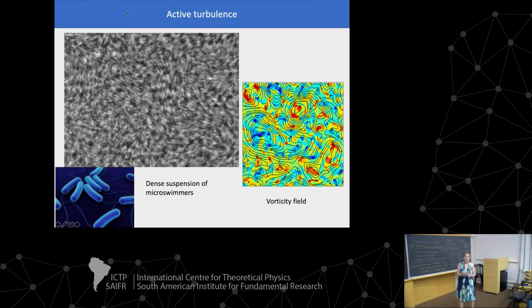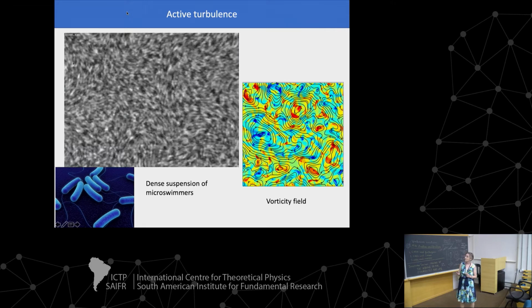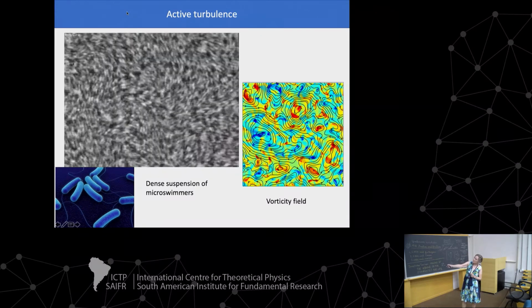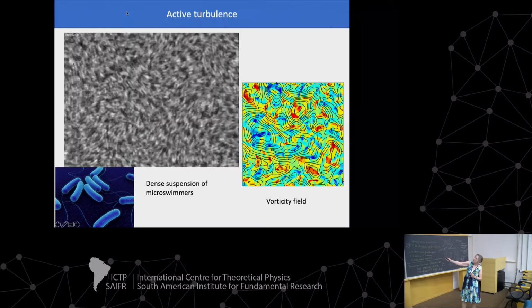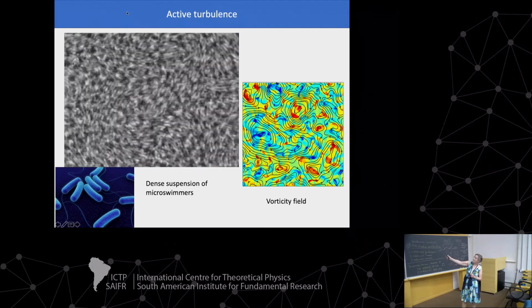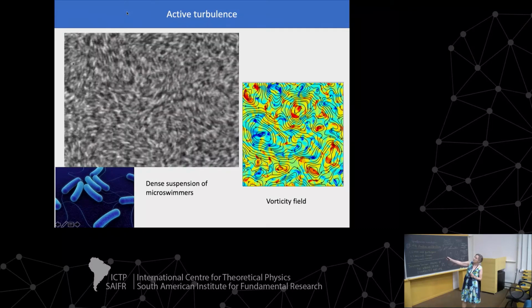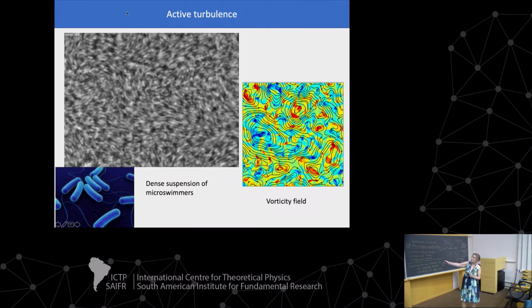So what I'm doing is taking those horrible equations I showed you with the active term and solving them numerically. This is the experiment. I can't actually remember whether this is an experiment or a simulation, but it doesn't matter because they look pretty much identical. What I'm plotting here is the vorticity field. Vorticity is the amount the fluid goes like this. It's the curl of the velocity.